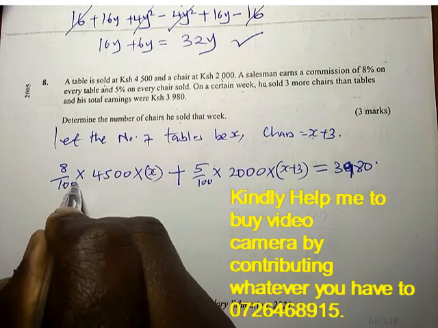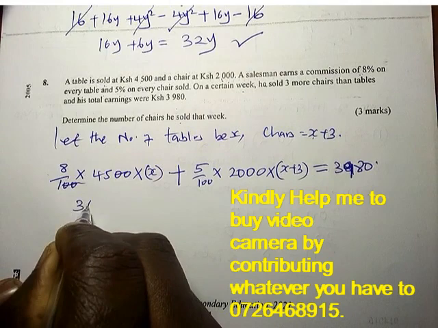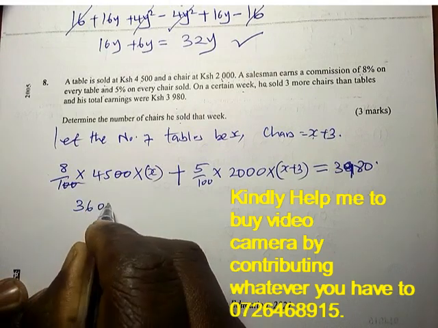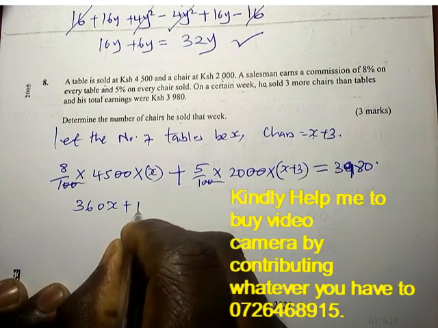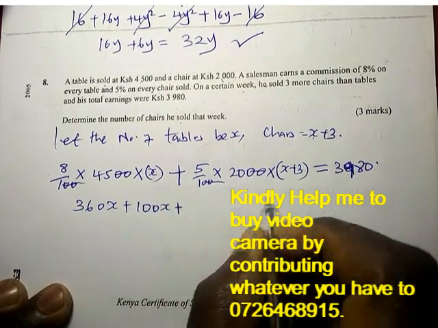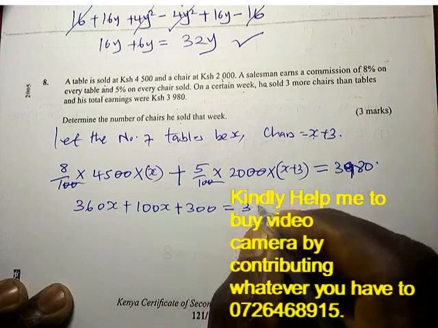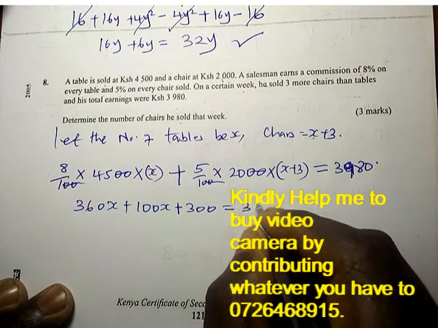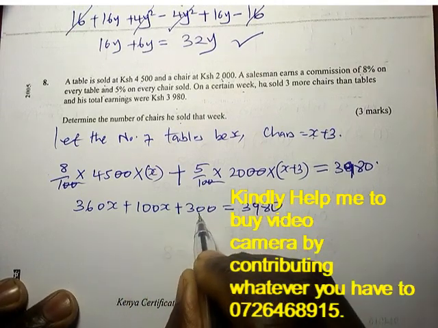So you solve it like that. You will find that it is 360x plus this and this, 100x plus 300. The answer is 3,980.